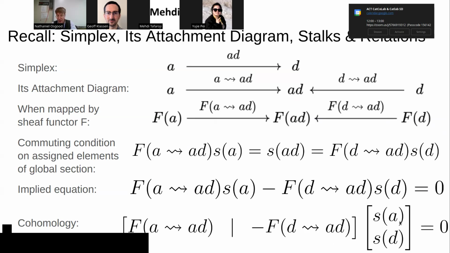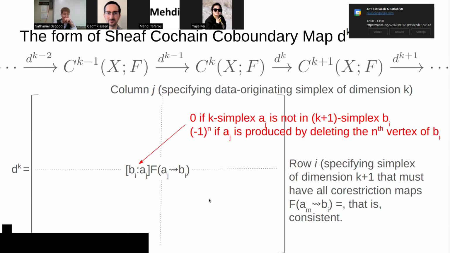For each simplex of dimension k plus 1, we're going to be taking the difference between what it's being told by the data associated with the simplices of dimension k in turn. That's what's going on here.